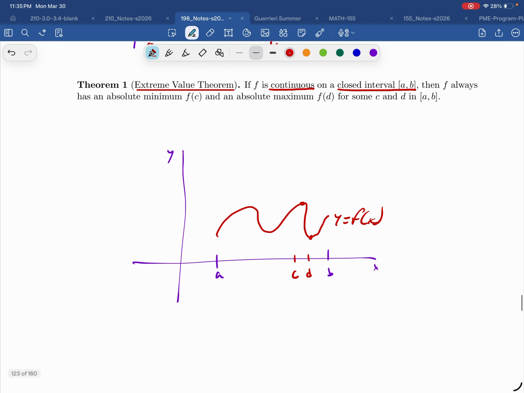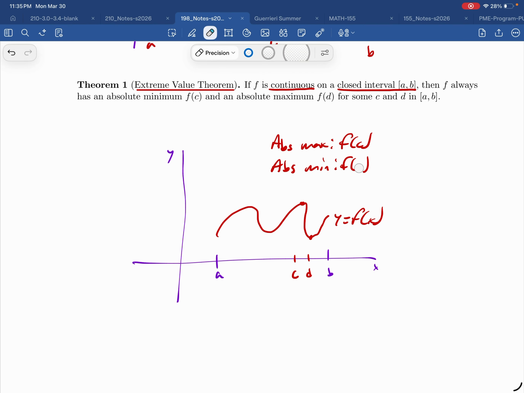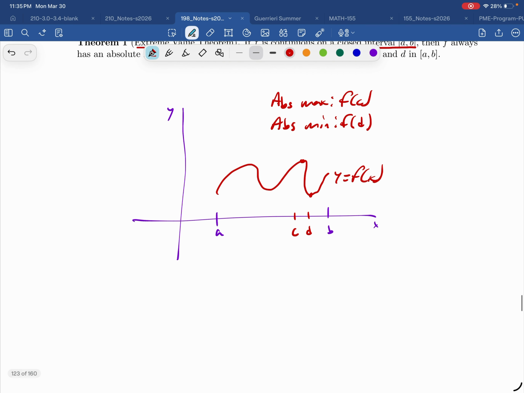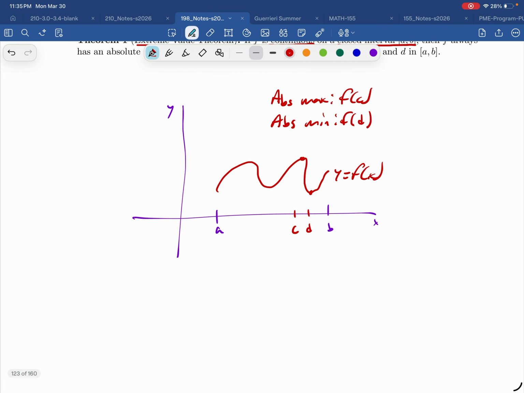Absolute max is f of c. Try drawing something different from what I drew. You're not going to be able to come up with a graph that does not have an absolute max or an absolute min.